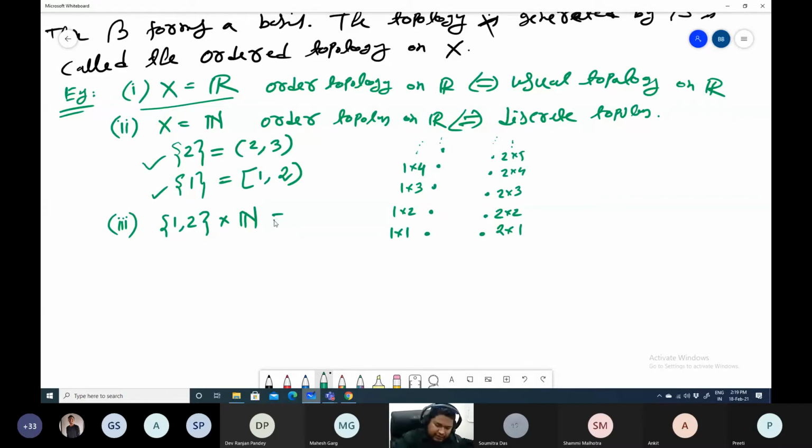Now this is your X. Now, what is the order topology on this topological space?